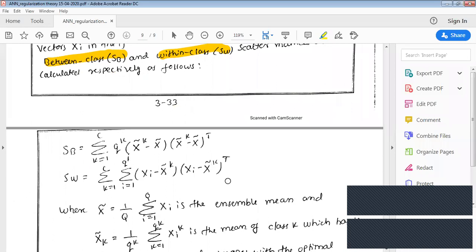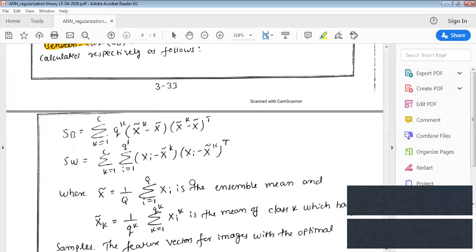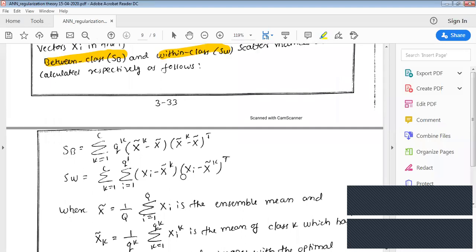If we take, let us say, 10 faces of the same person, we understand the maximum difference between those 10 faces. And for two different persons' faces, what is the maximum difference? Those are the values of between the classes SB and within the class SW.